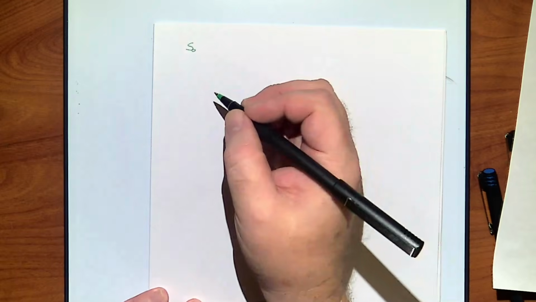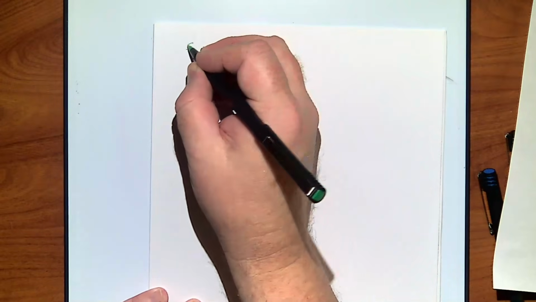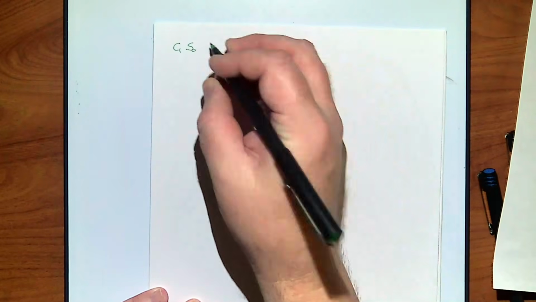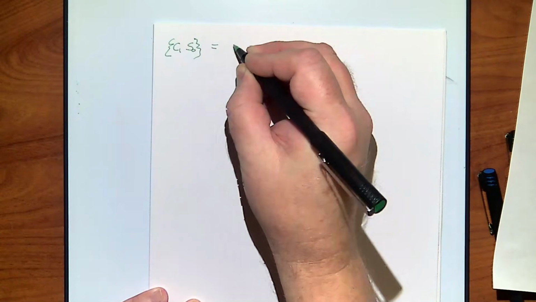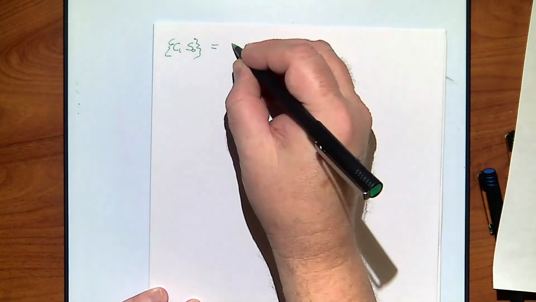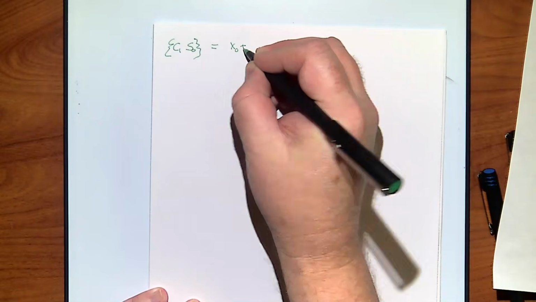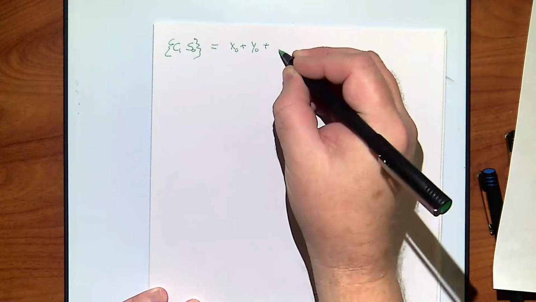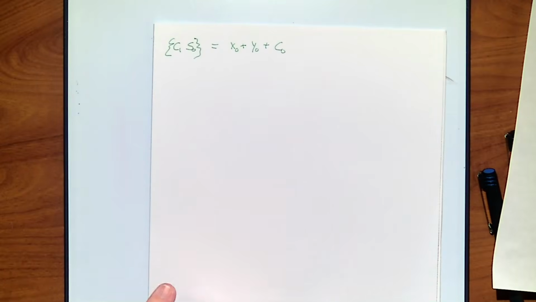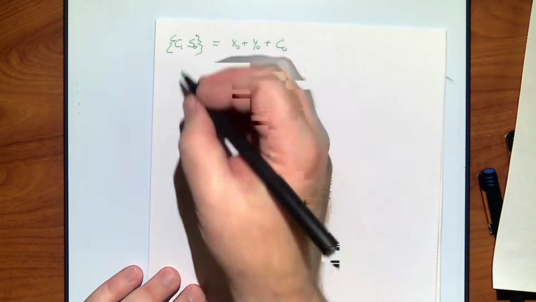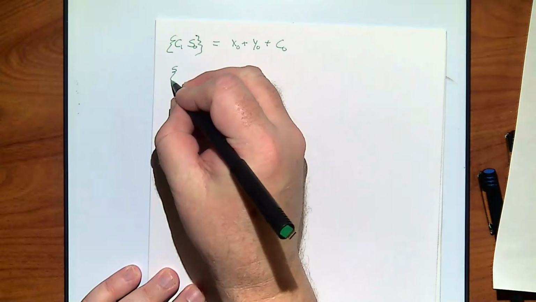So all right, this number appended is equal to x0 plus y0 plus c0, and so on and so forth for each bit later down the line. So we could say in general, this is just appending them together, right?